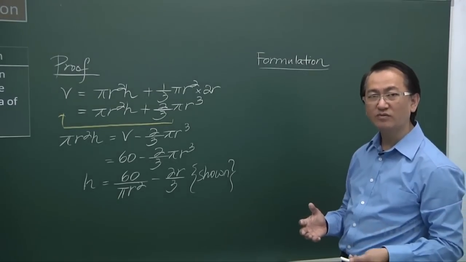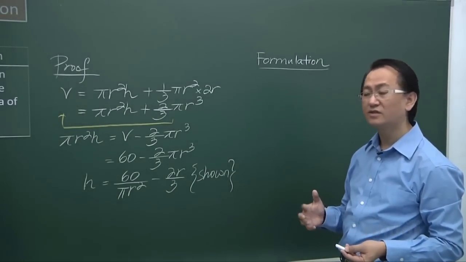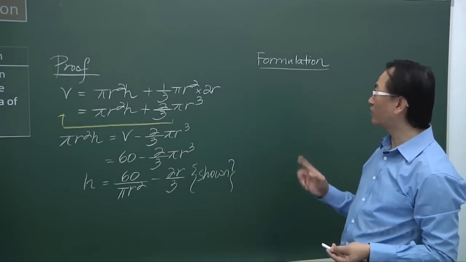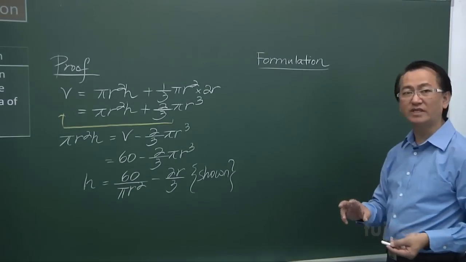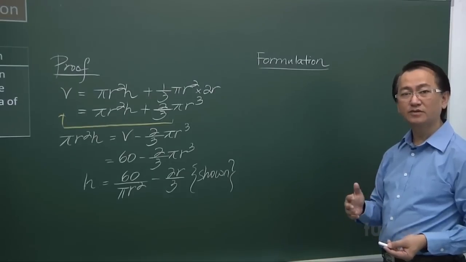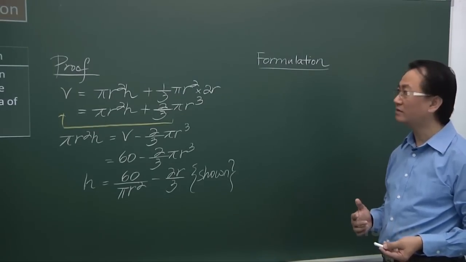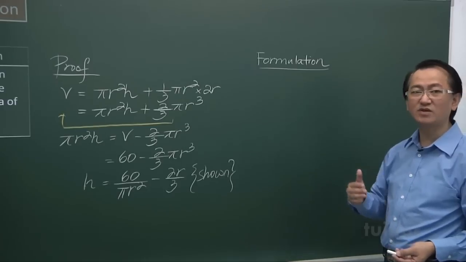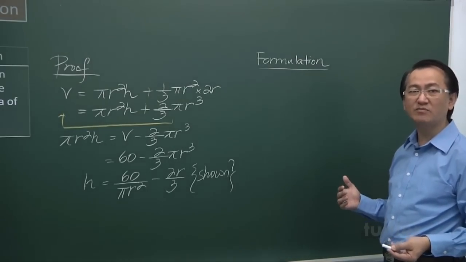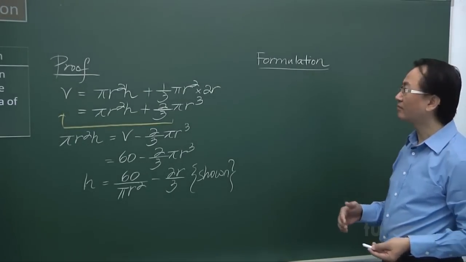And it's impossible at this level of our syllabus to consider that. So in formulation, we actually will reduce two or more variables to just one variable, so that we can proceed with the maxima and minima work.